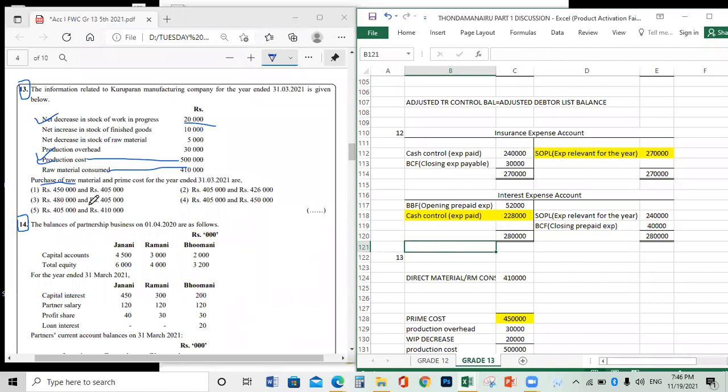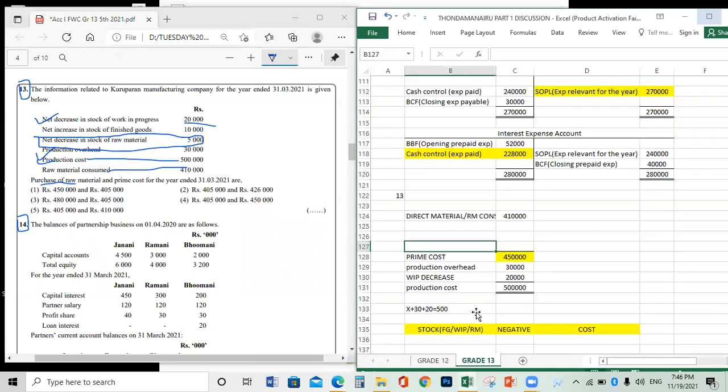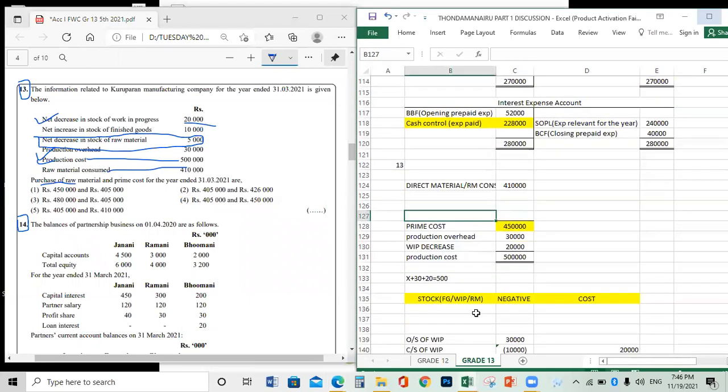Now here they haven't given opening and closing, but they have given the net decrease in the raw material. So that means you can easily find it. Now see, I told you all, stock and cost are negatively related.